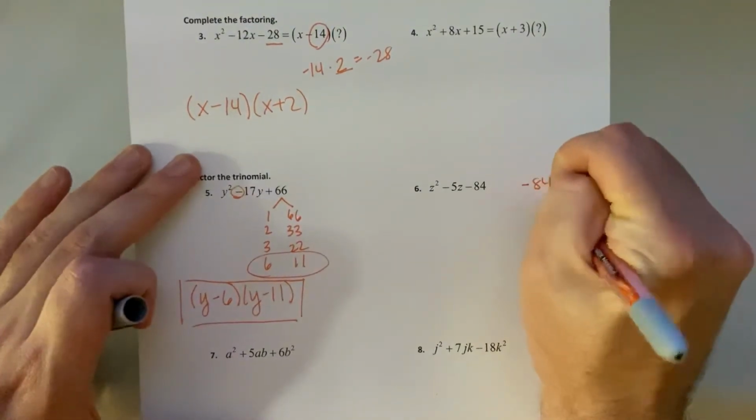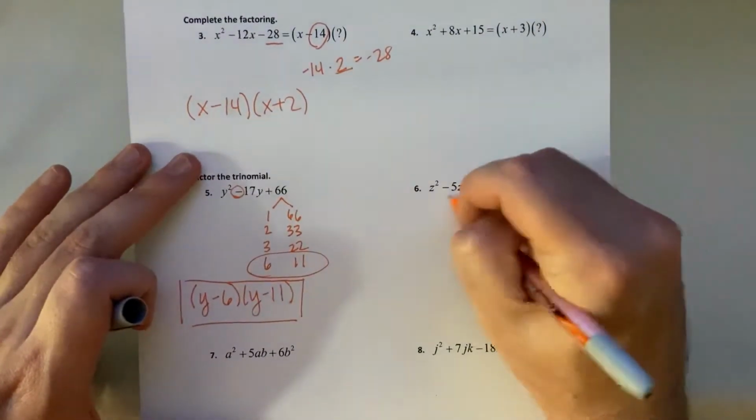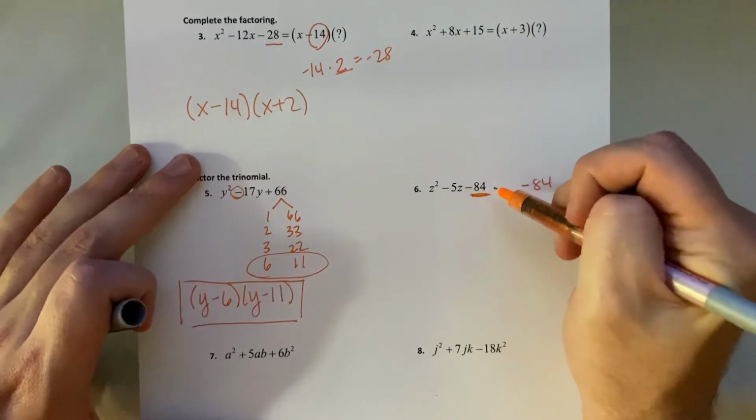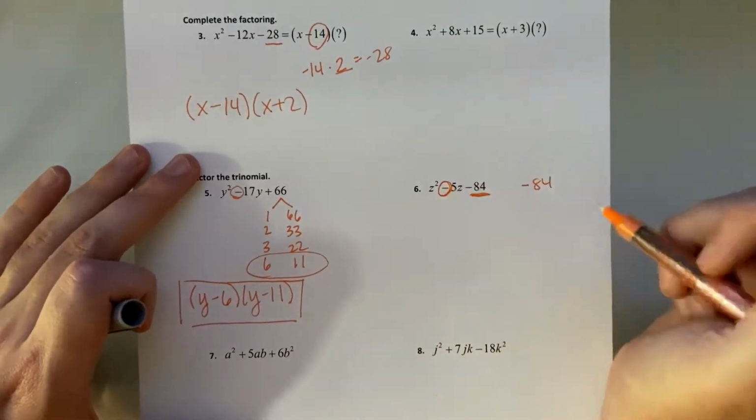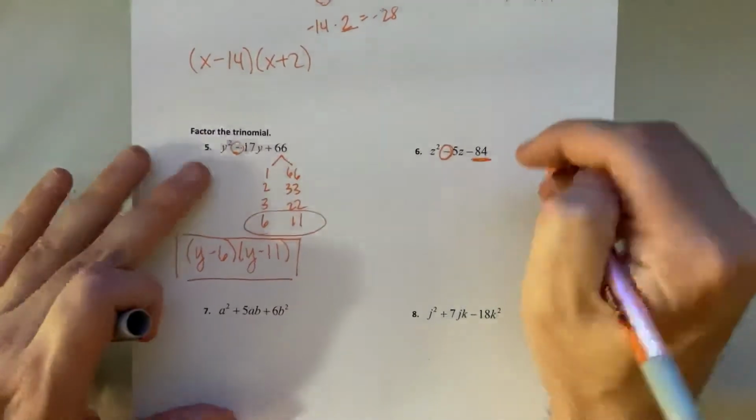Let's look at number 6. Two numbers that multiply to negative 84 and add to negative 5. One's positive and one's negative. The bigger one has to be negative because the middle sign is negative.